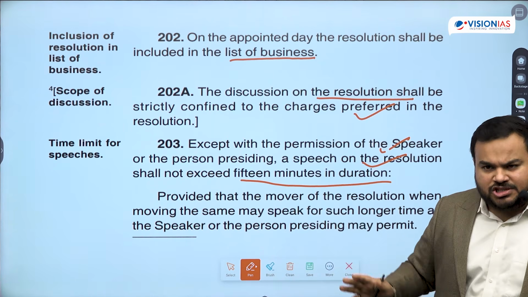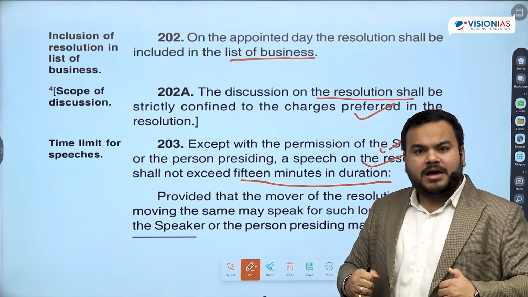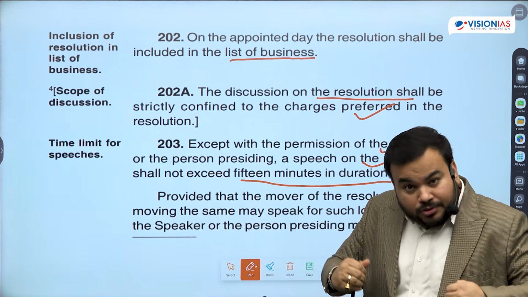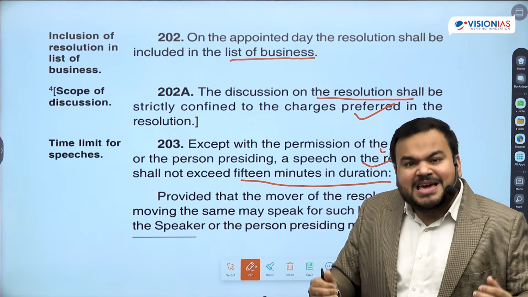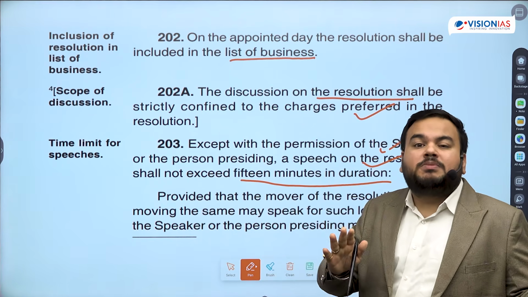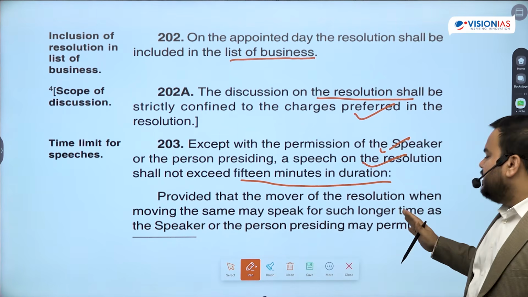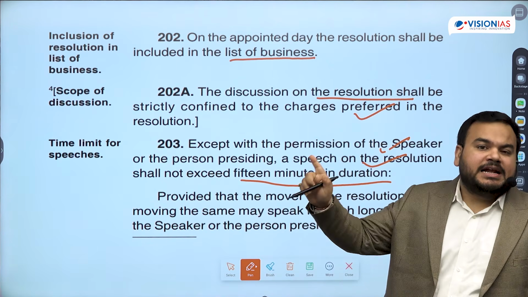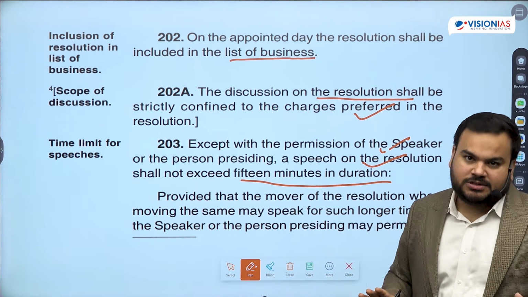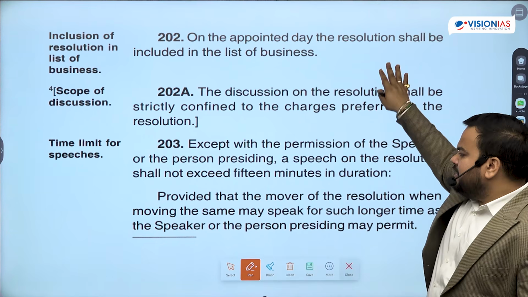But there is one condition: the member who has introduced that resolution can make the speech beyond 15 minutes, but he has to take permission of the presiding officer of that house. So those are the basic rules.